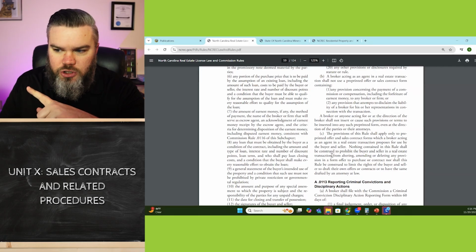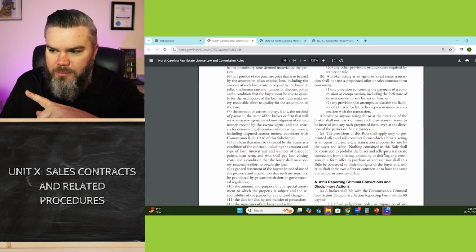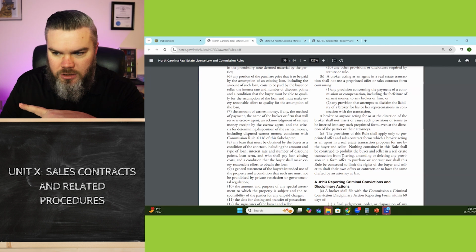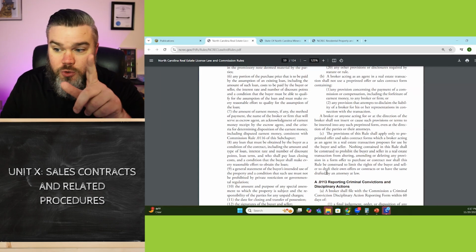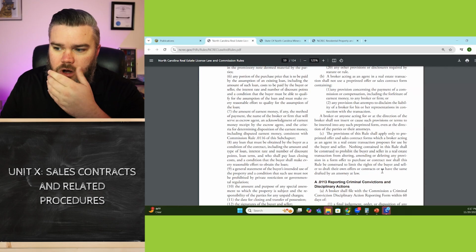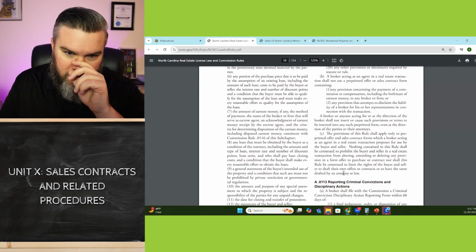Nothing contained in this rule shall be construed to prohibit the buyer and seller in a real estate transaction from altering, amending, or deleting any provision in a form, offer to purchase, or contract, nor shall this rule be construed to limit the rights of the buyer and seller to draft their own offers or contracts or to have the same drafted by an attorney at law.